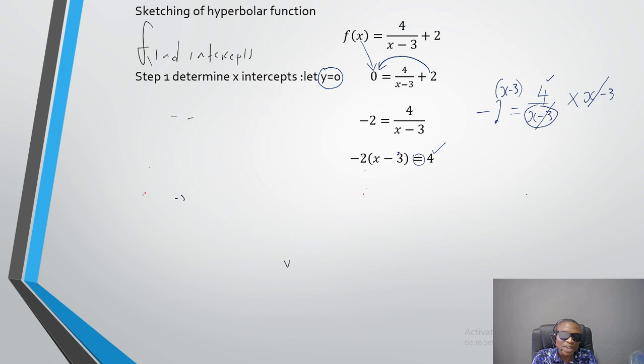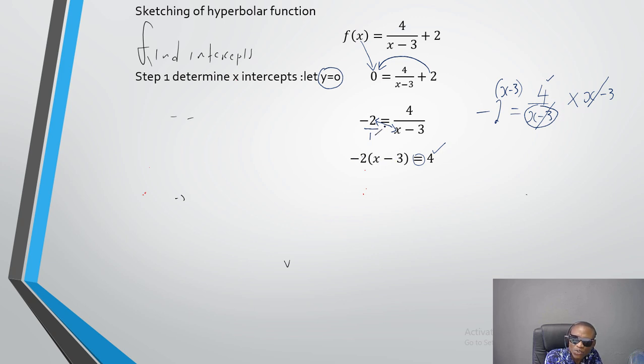Or one can say, let me do cross multiply. Remember, underneath minus 2, there is an invisible denominator 1. So you can say, okay, let me do cross multiply. Minus 2 times x minus 3, which becomes minus 2 into x minus 3.